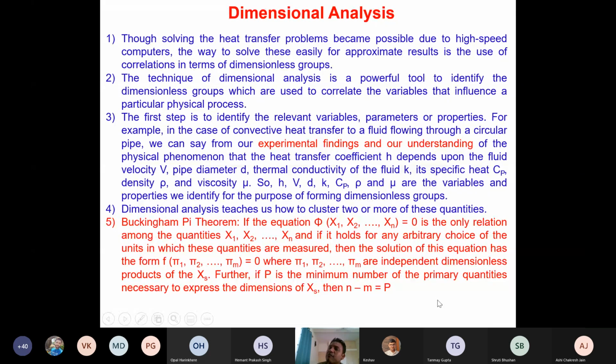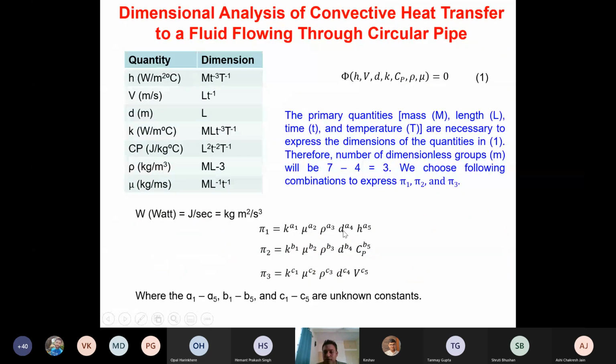So these are the 7 primary quantities present so far, isn't it? So out of these 7, how many primary quantities are required in this particular case, that you can find out in the starting itself, and based on that you can find out how many dimensionless groups are required to express this relationship. Okay, so let us look at a simple problem here, so that will clarify many things here.